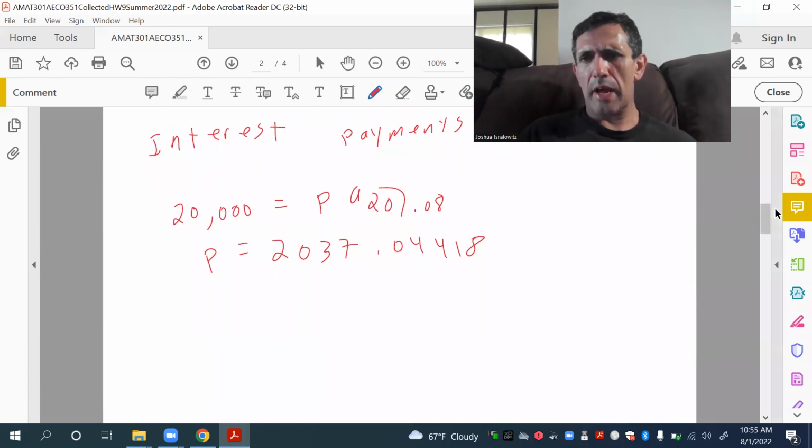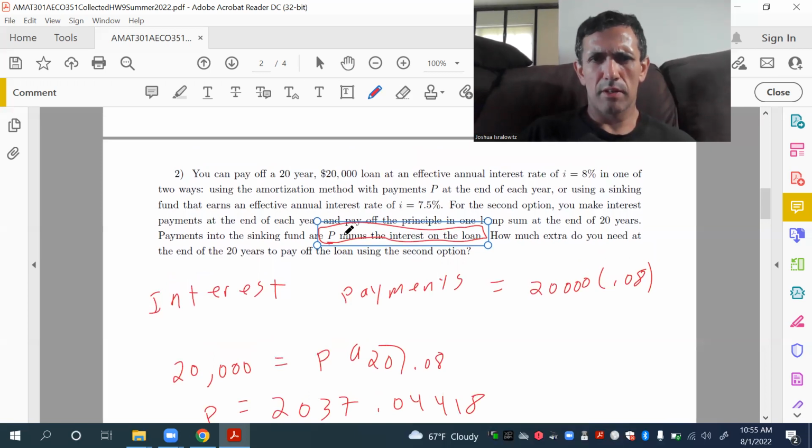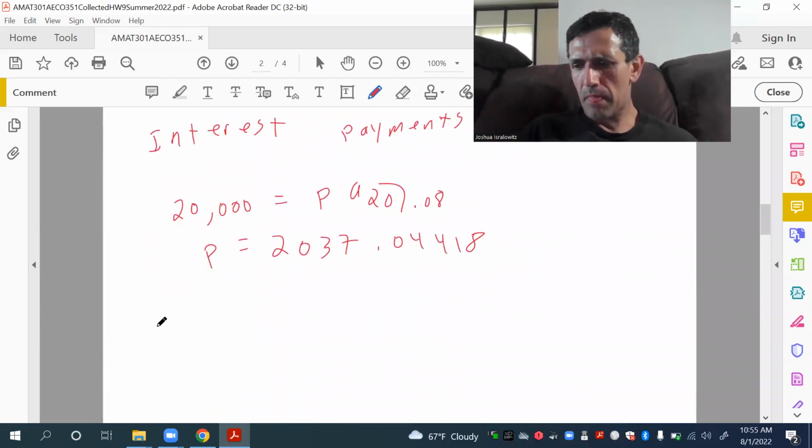Okay, so now we know what the payments into the sinking fund are. It's P minus the interest on the loan. I really like calling them deposits, but whatever.